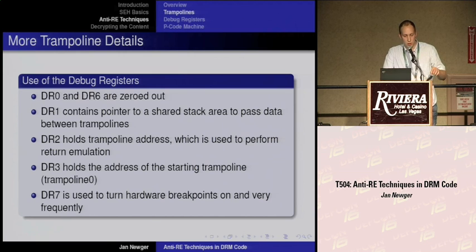DR2 holds the trampoline address used to perform the return emulation, and DR3 holds the address of the starting trampoline, that is trampoline 0. And to confuse a possibly attached debugger, DR7 is used to turn hardware breakpoints on and off very frequently.